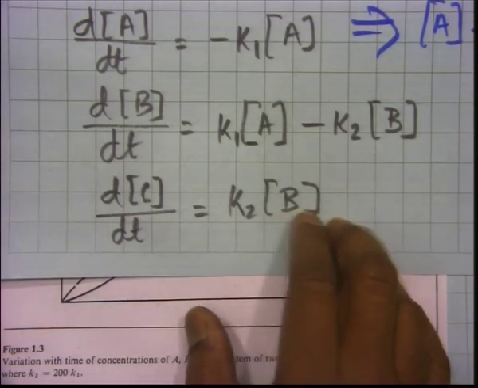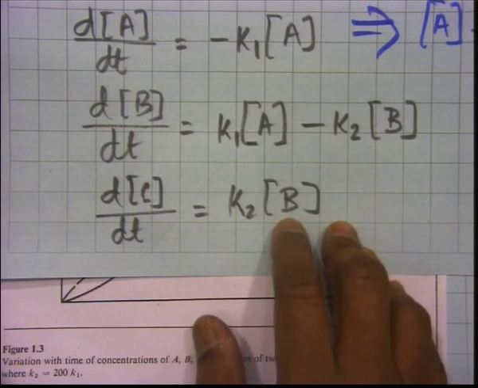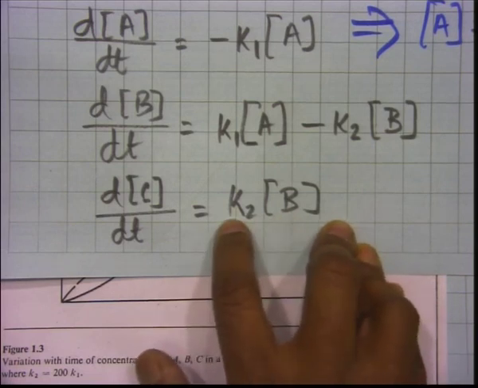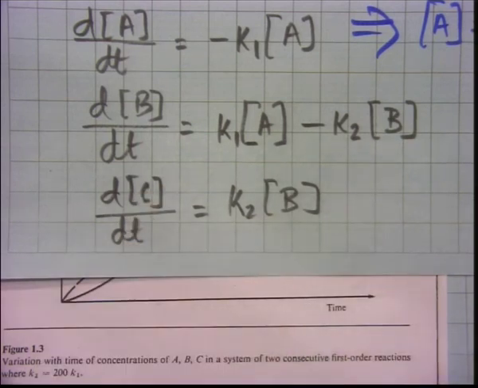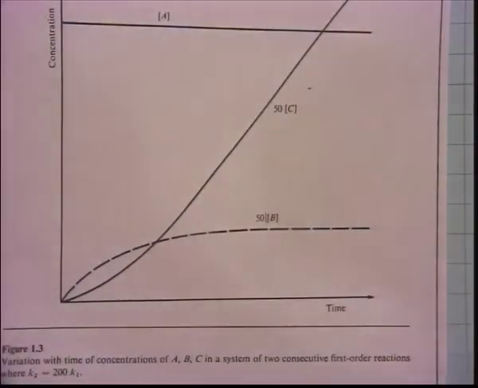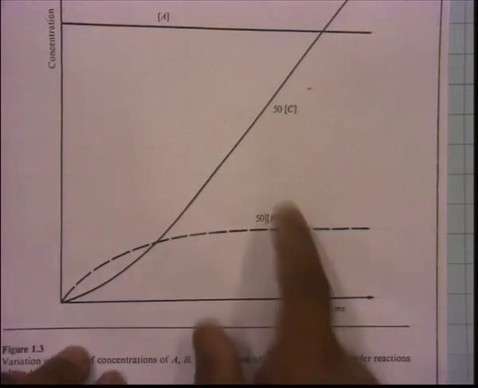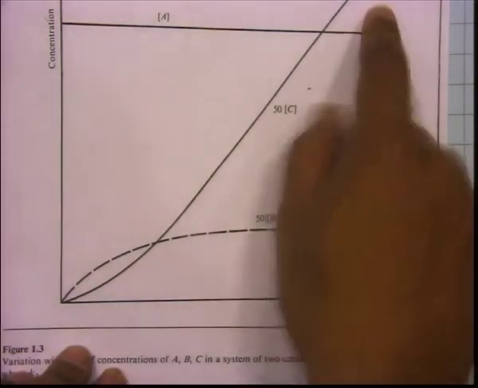So a small constant value of B after some time, multiplied by a large number K2, will give you a constant dC/dt, and that shows up in this plot as a straight line. So the slope is constant.